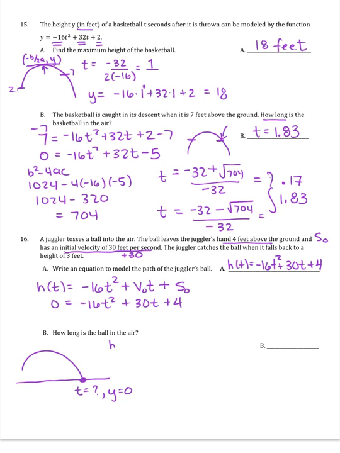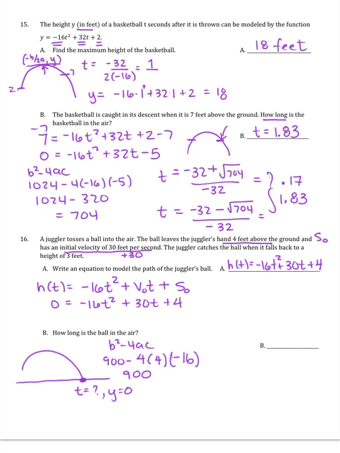We're going to do our b squared minus 4ac, which is going to give us 900 minus 4 times a negative 16 times 4.